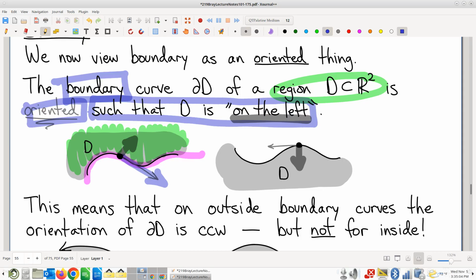The convention is, and we're going to stick with what planet Earth does, on the left. So notice, as I walk along this walking path, enjoying the view to my left, a nice grassy field, as I go in the direction indicated by this correct orientation, notice the field is on my left. That make sense to everybody?